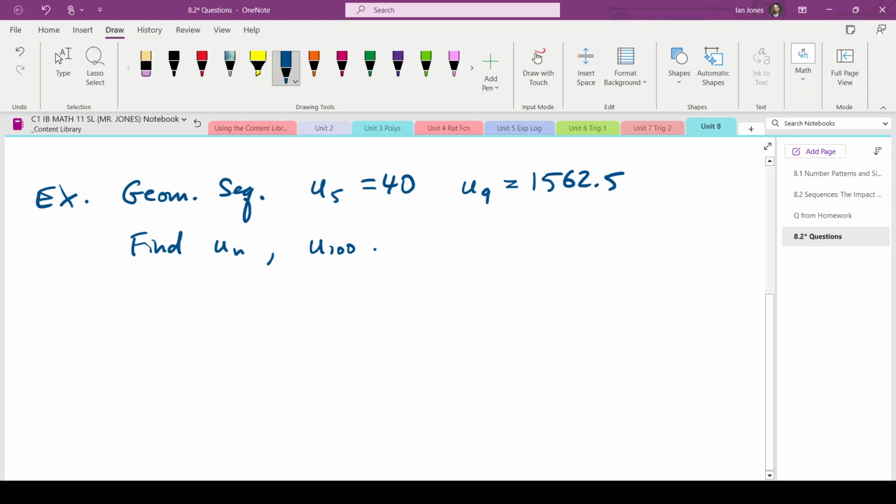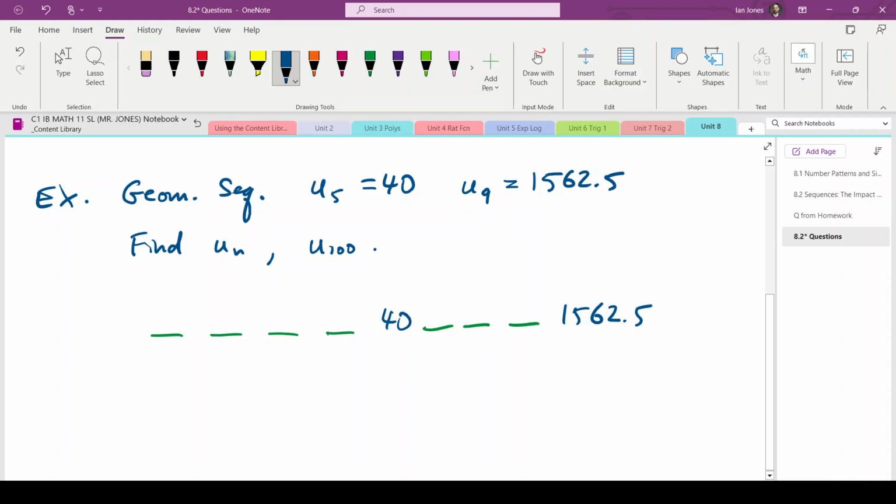So what we want to do here is we have U1, U2, U3, U4, U5 is 40, U6, U7, U8, U9 is 1562.5, and on we go.